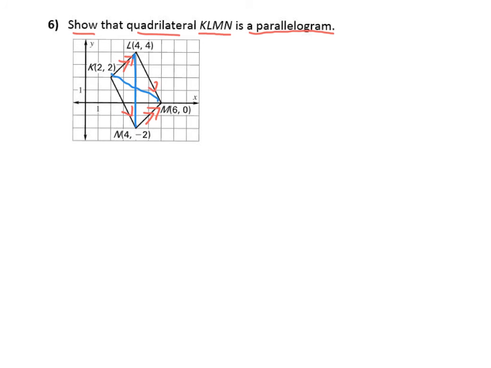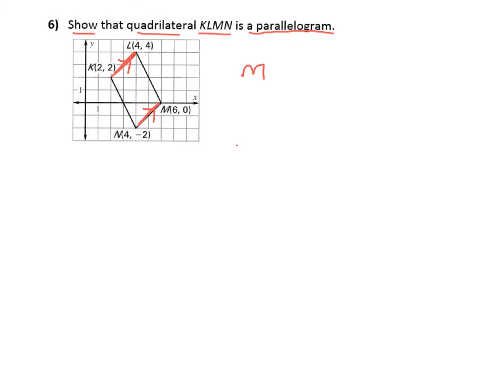Now I know the distance formula can be tedious, so I'm going to go with what I believe might be the fastest method and just try to show that the opposite sides are parallel. So let's start with these two that I highlighted. Now, if you remember, to show that two segments or two lines are parallel, you need slopes.